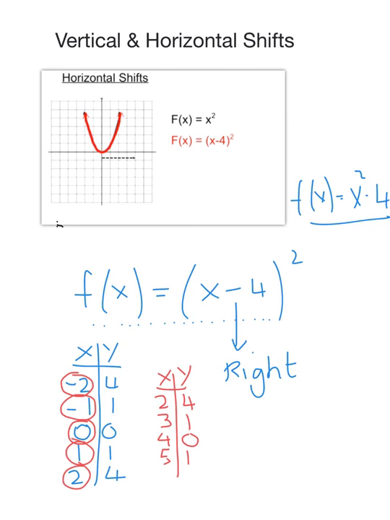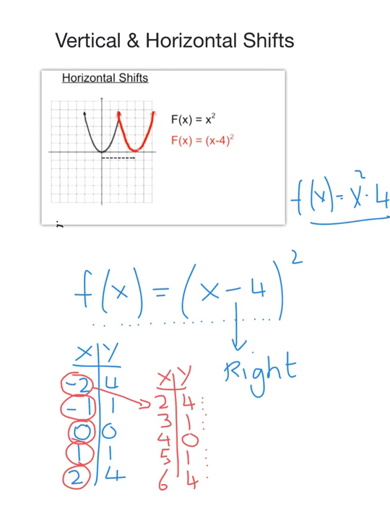And then 2, 4, 4 units to the right goes to 6, 4. So in each case, the y values are untouched, and the x value has been shifted 4 units to the right. And if we play the graph, this gets shifted 4 units to the right.